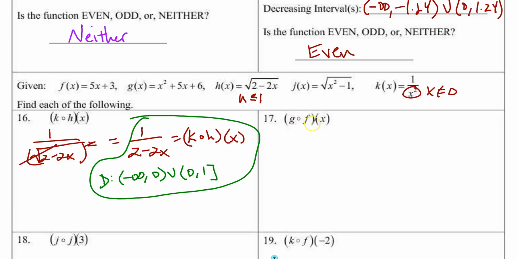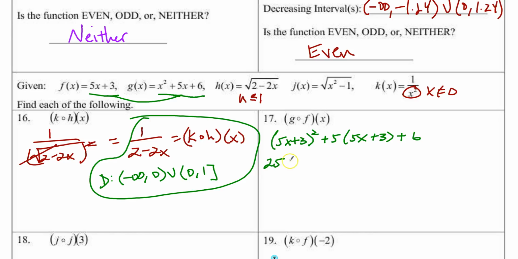G of f. I look at g, that's a polynomial, that's fine, that's all real numbers. F is a polynomial, that's fine, that's all real numbers, so I just have to plug f into g. So I'm going to have (5x plus 3) squared plus 5 times (5x plus 3) plus 6.